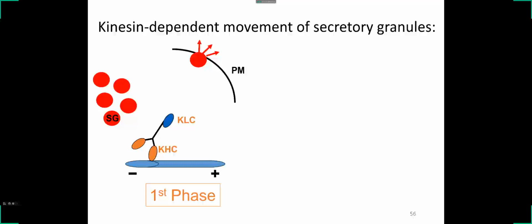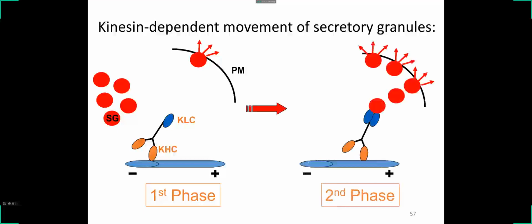Then once you move up this microtubule, the microtubules point towards the plasma membrane, and this sets up for the second step. So you've got these secretory granules bound to the light chain, moving up the microtubule towards the plasma membrane.